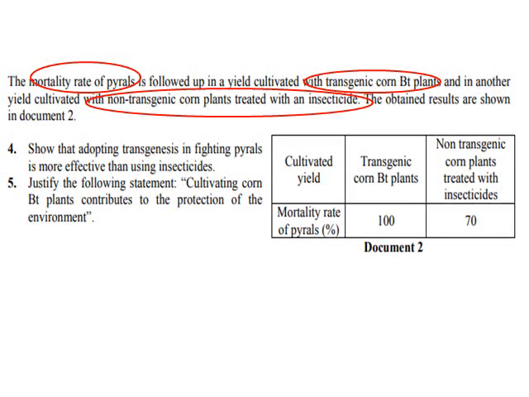So we're seeing how many pyrales are dying in these two different plants, and the results are shown in the document here. The question is, show that using transgenesis to fight pyrales is more effective than using insecticide. And then the other question, question 5, is, justify why cultivating corn Bt plants contributes to protection of the environment.